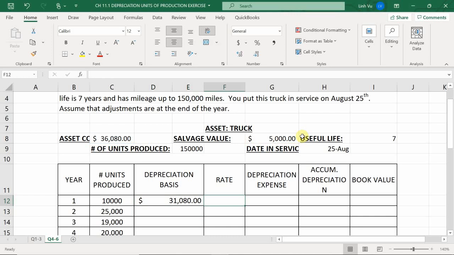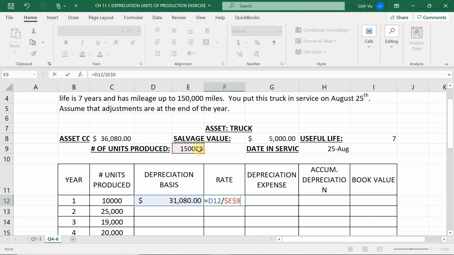What's my per unit rate going to be? 20 cents and 72.